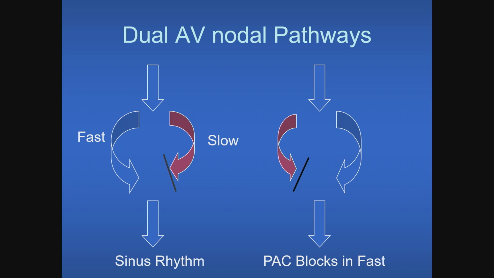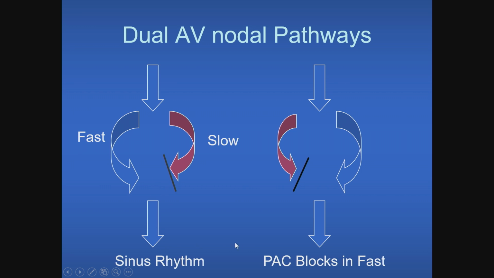It uses dual AV nodal pathways, and this is a little cartoon showing you atrial tissue at the top, the AV node in the middle, and the ventricles down below. So in sinus rhythm, we typically have an impulse that's propagating through the atrium and going through a fast pathway with blocking in a slower conducting AV nodal pathway that propagates down to the ventricles.